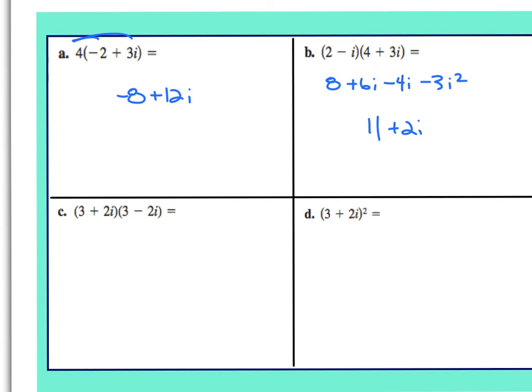So when we do conjugates, it's really just the first and the last, because the middle terms cancel. Are you guys following? So my first is 9. My last is what? Negative 4i squared. Now, i squared is actually what? Negative 1. So I do negative 4 times negative 1, which is 4. 4 plus 9 is 13. So I end up with 13 there.